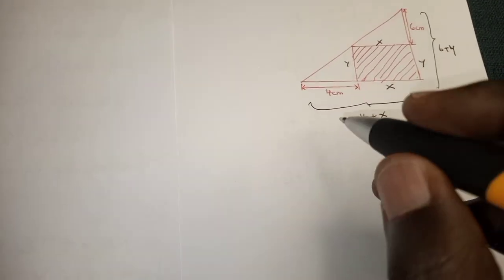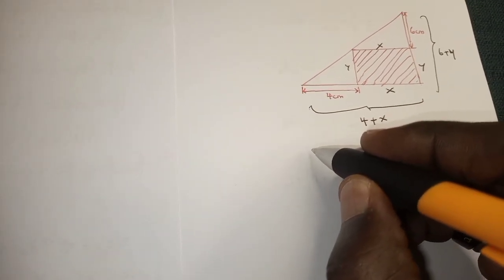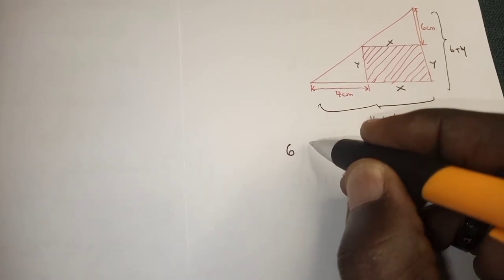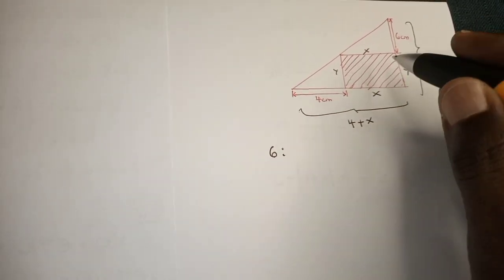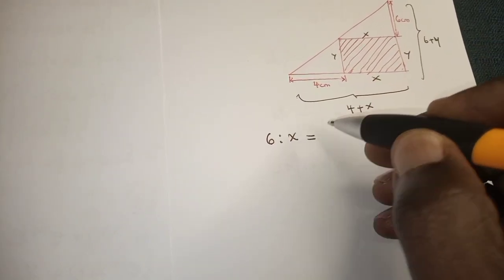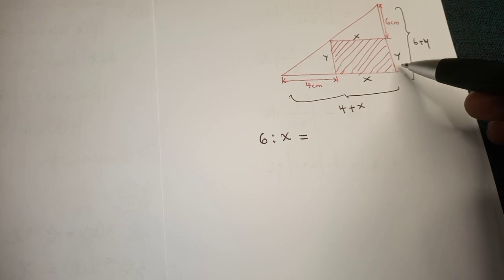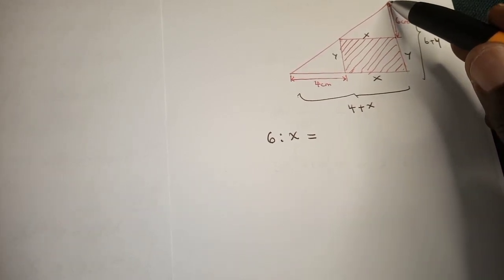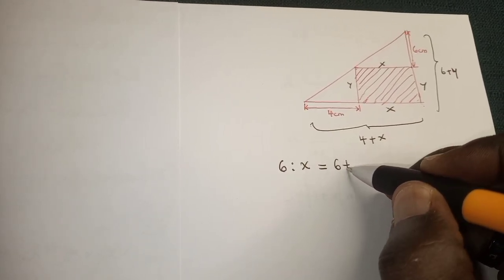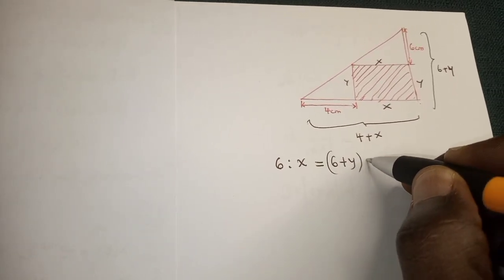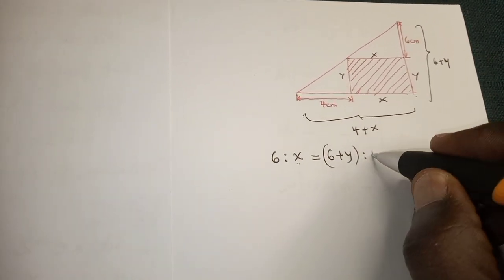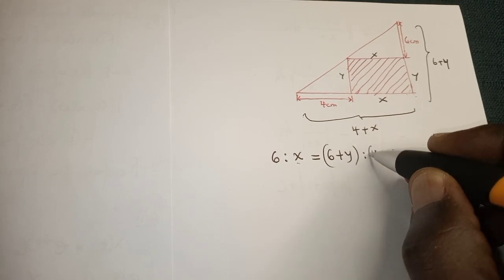What we do is we have the 6 is to the bottom dimension x, and that equals the 6 projecting the bigger height from here to here, so that is 6 plus y, is to the x projecting this, so we have 4 plus x.